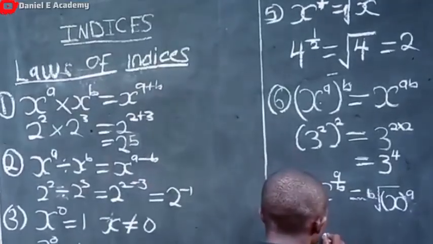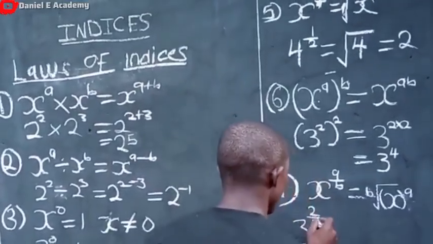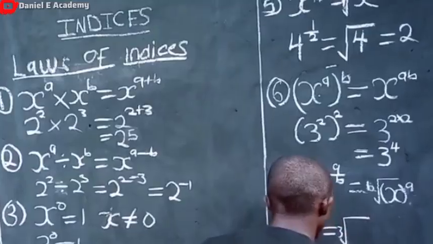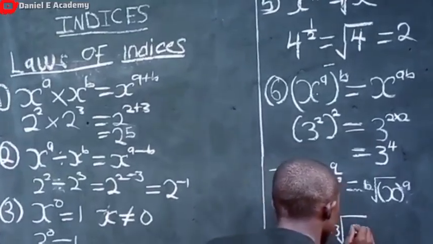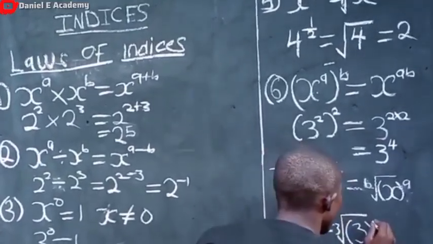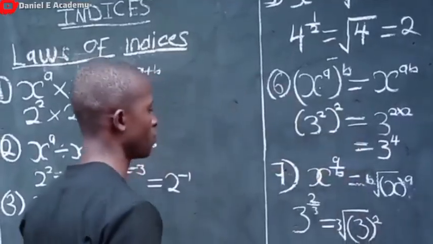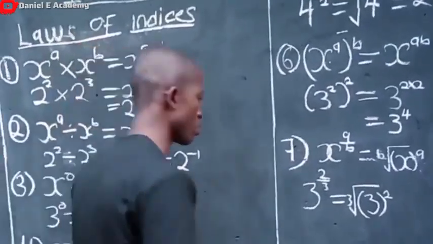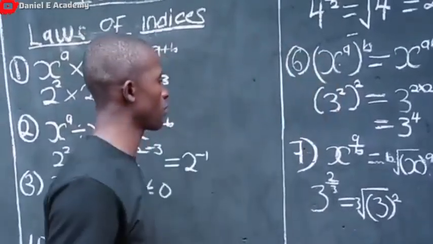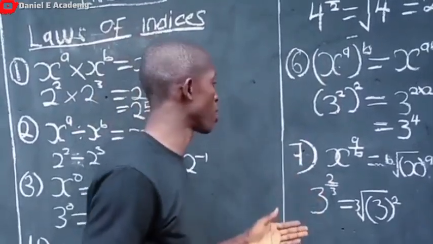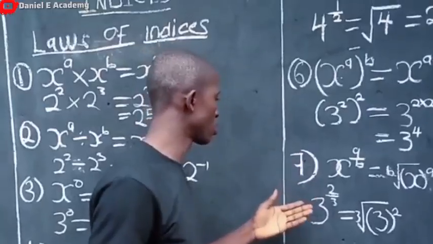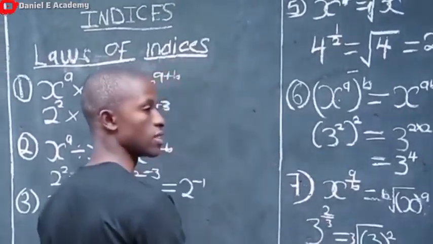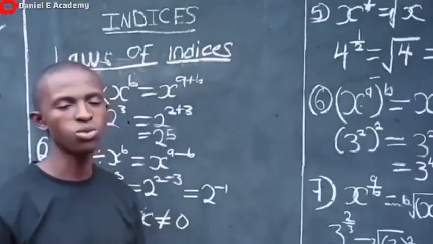Following this law, it gives us the cube root of 3 squared. That is what this law is trying to tell us. Whenever you have a number to the power of a fraction which is not 1 over something, you represent it in this form.